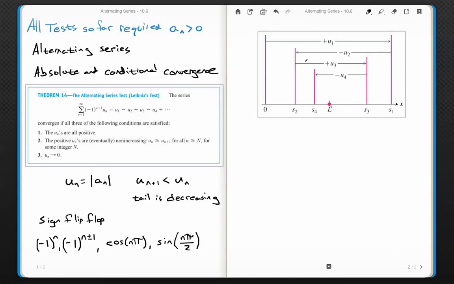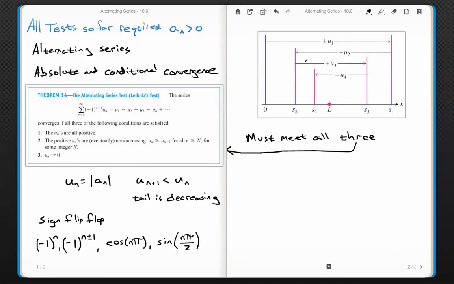All our other tests regarding convergence are now irrelevant if we have this alternating series. But it's very, very important that it must meet all three conditions for this little graphic to work.